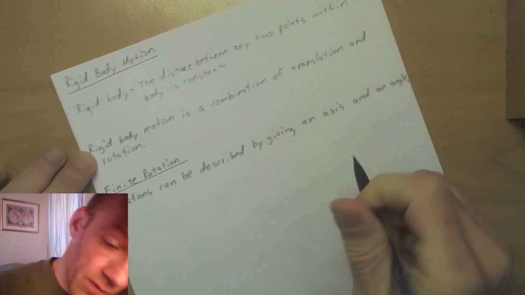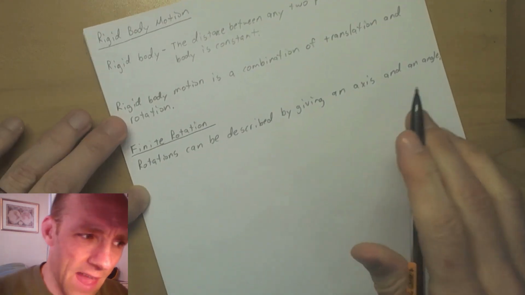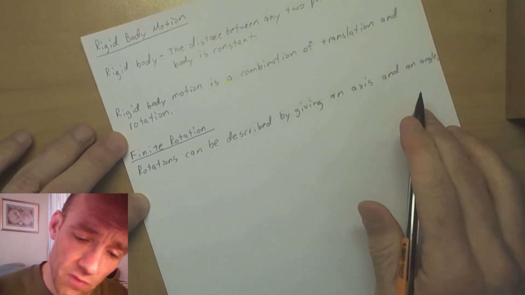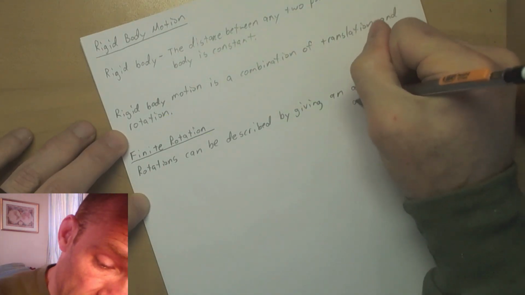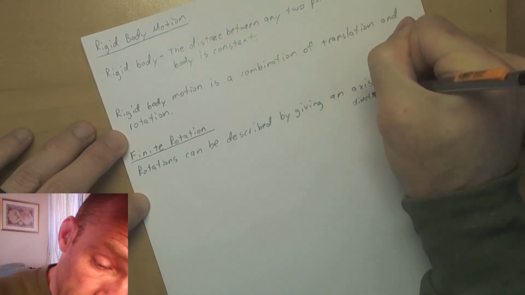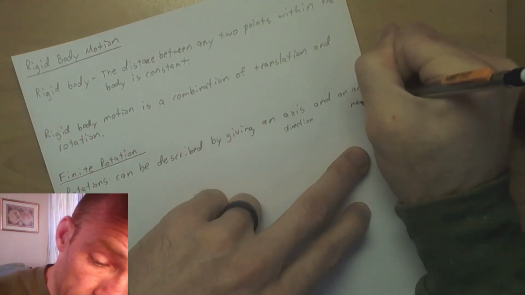Or, in other words, a direction and magnitude. So in that way, it's very similar to a vector. Okay? So an axis is a direction, and an angle would be a magnitude.